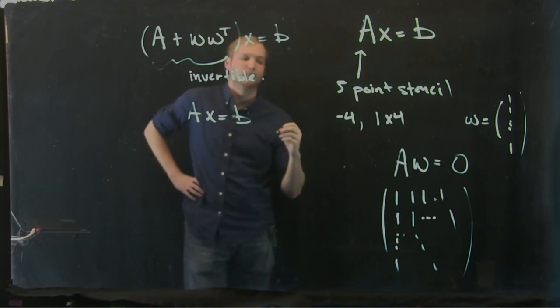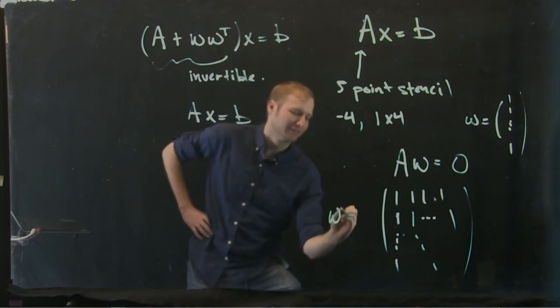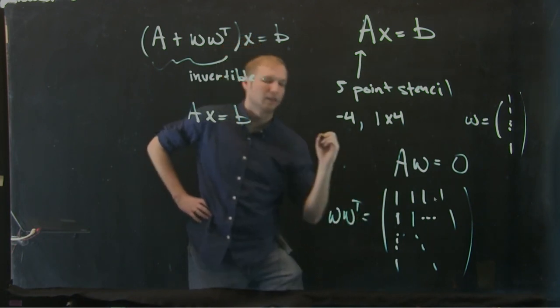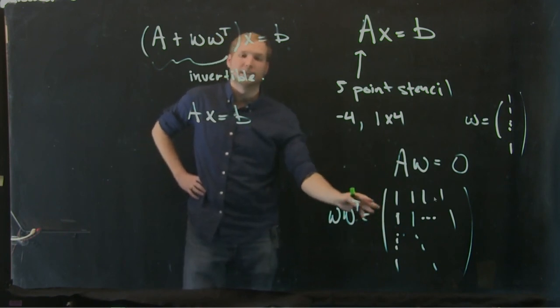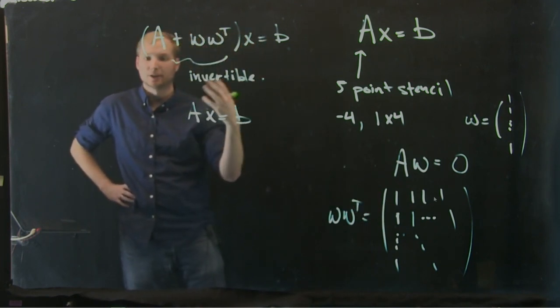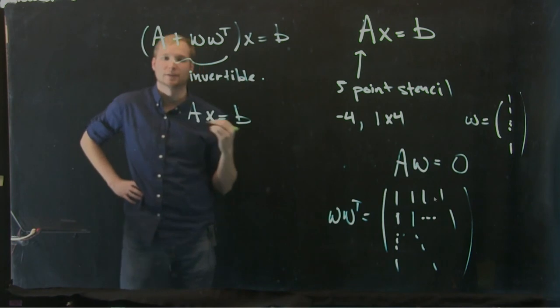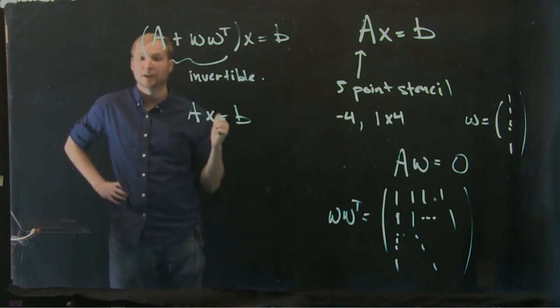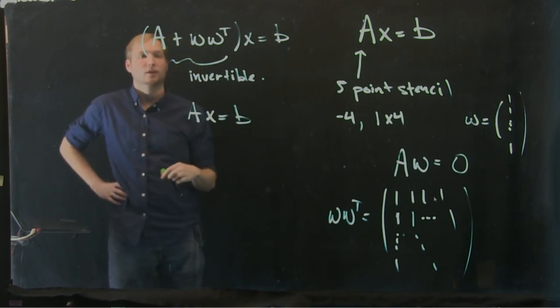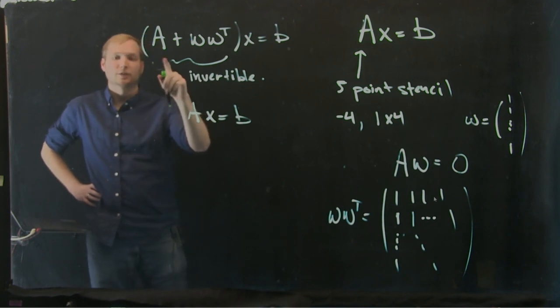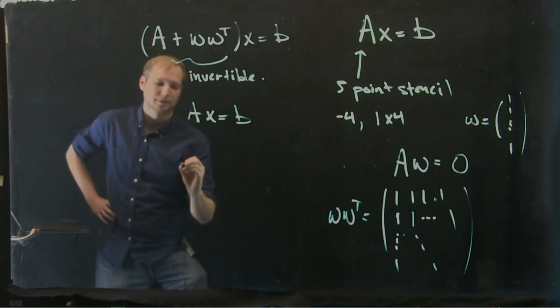So that matrix is completely dense, and when you add it to A, you end up still with a dense matrix. Okay. So that's not great in terms of speed. So the trick is that you can actually embed this in a larger system.